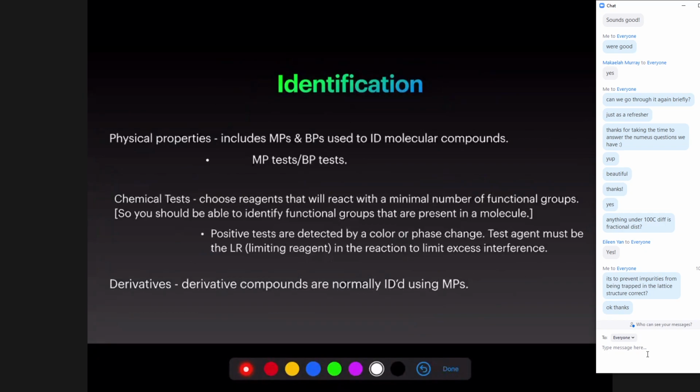So next, we're going to talk about identification. Your physical properties include your melting points and boiling points used to identify molecular compounds. I'm not sure if you guys remember your melting point tests and your boiling point tests.